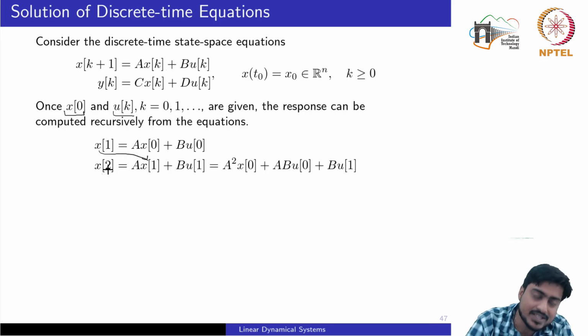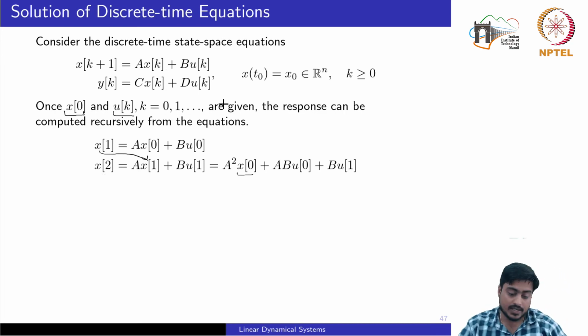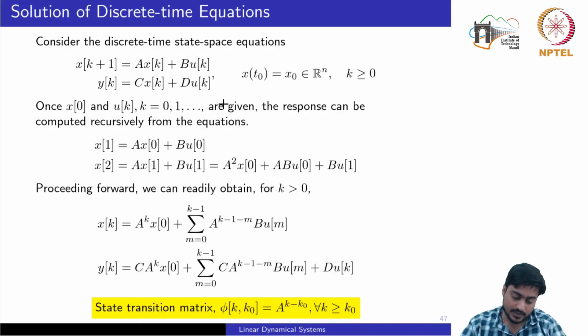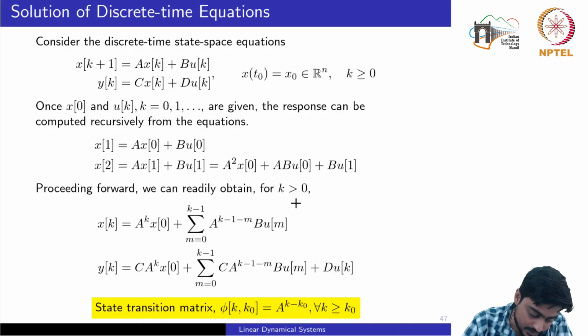So I can parameterize the whole solution of the state equation in terms of the initial conditions and u of k for all k starting from 0 up to the current time. Now proceeding forward, we can readily obtain, for k greater than 0, this expression.